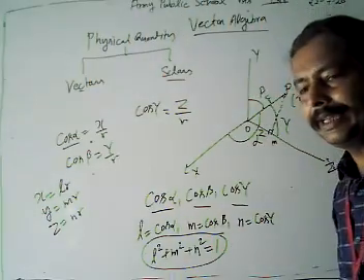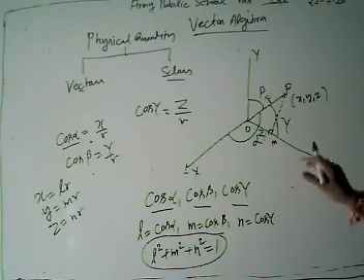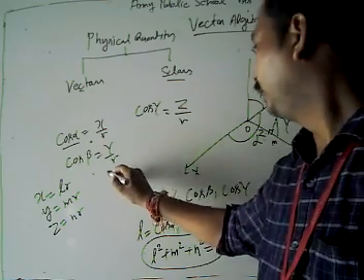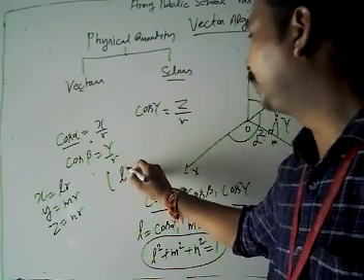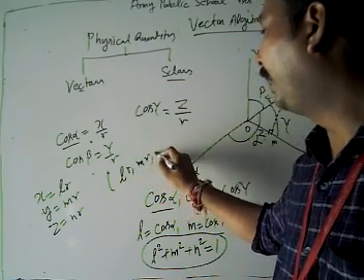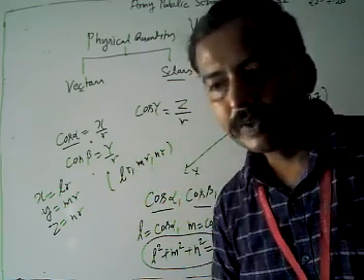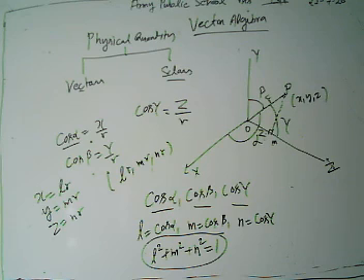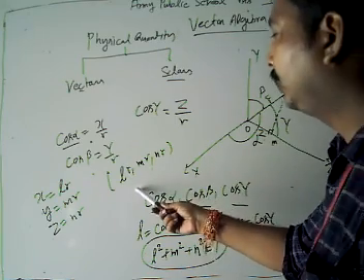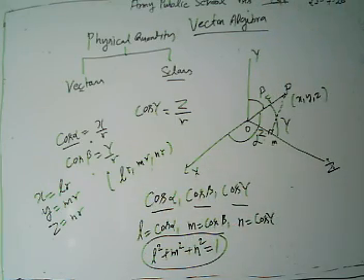Now we get x, y, z. This means the coordinates x, y, z of the point P are in terms of LR, MR, and NR. Now look, what do we see? The coordinates x, y, z of the point P may also be expressed as LR, MR, NR.